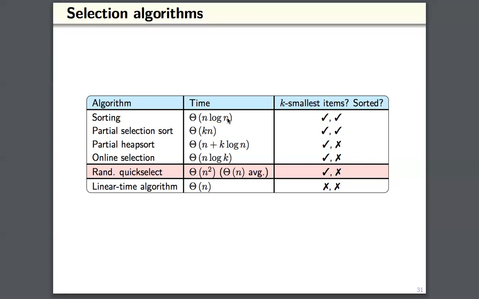If you use merge sort, or there is a version of quick sort that can solve the problem in n log n time in the worst case, and heap sort takes n log n time. You have already seen the heap sort. So there are multiple n log n time sorting algorithms. Use any of those and you can solve the selection problem in n log n time. You get the k smallest elements also in sorted order. But can we do better?